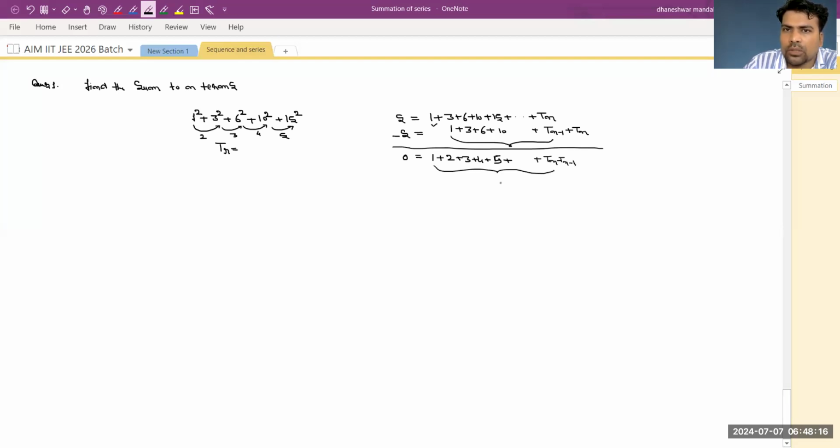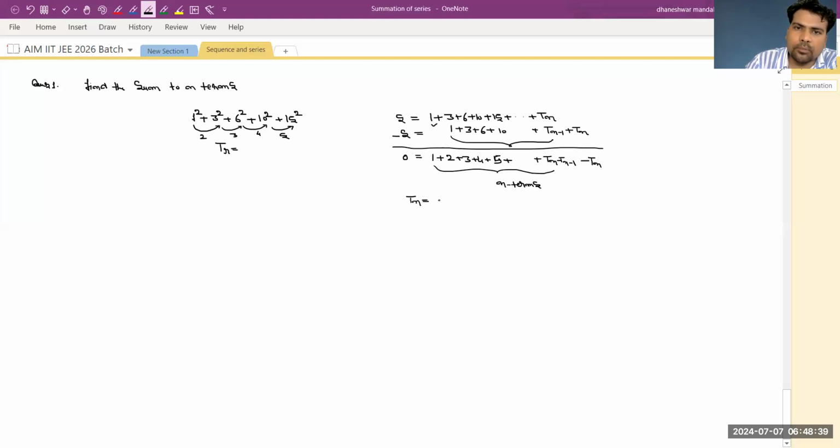Here we have a total of n terms. Why n terms? Because from 2 to T of n minus 1, there are n minus 1 terms, and here we have T of n. If I take this T of n to the left hand side, then T of n is equal to the sum of an AP where there are n terms.